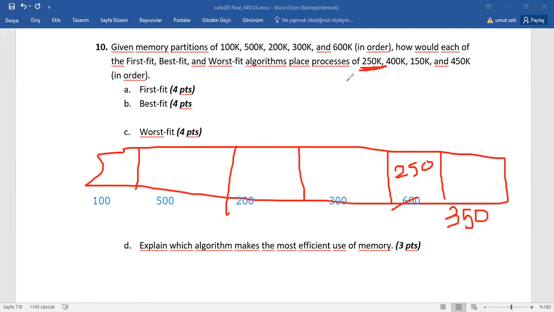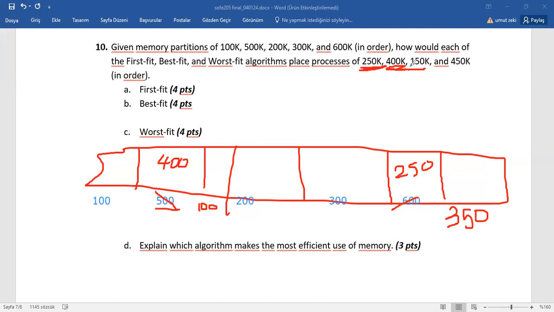The next one is 400. Which one is the largest? 500 is the largest. So I will put 400 here, and 100 will be here.